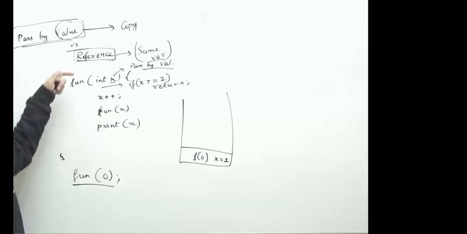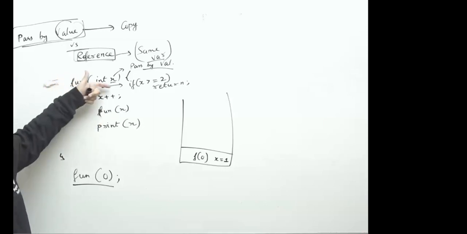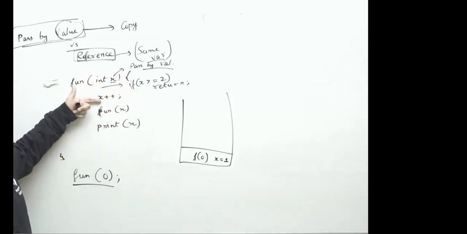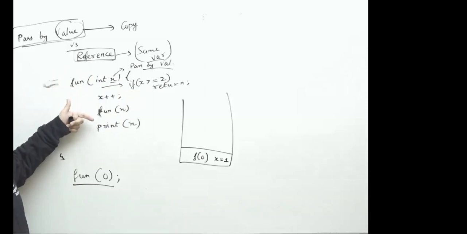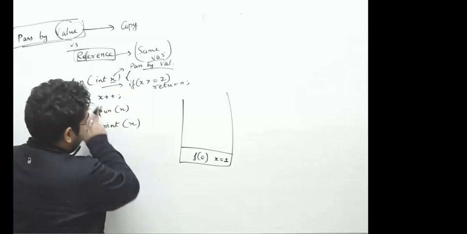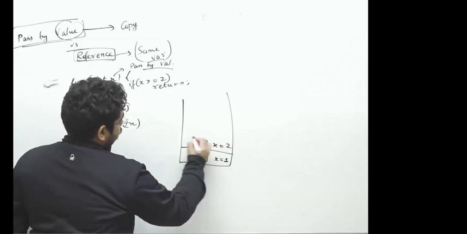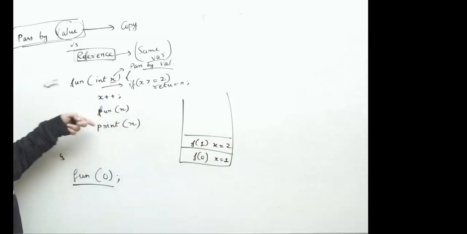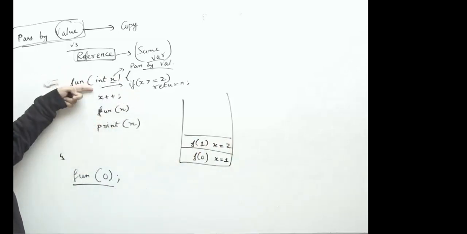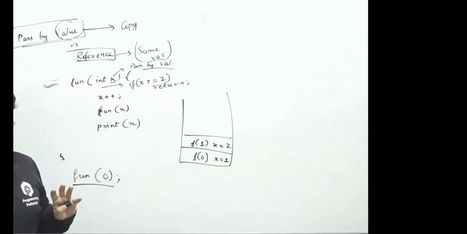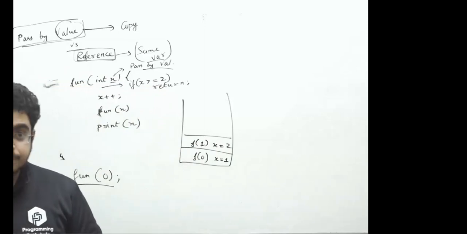Okay, it will go here. Then f of 1, what will it do? It will check this. It's not true. It will do 1 plus plus, that is, it becomes 2. Then it will call f of 2. So f of 1 called f of 2, but f of 1 had x equal to 2. That is why it called f of 2. Then what will f of 2 do? X is greater than or equal to 2, it will return. Do you agree with this much?